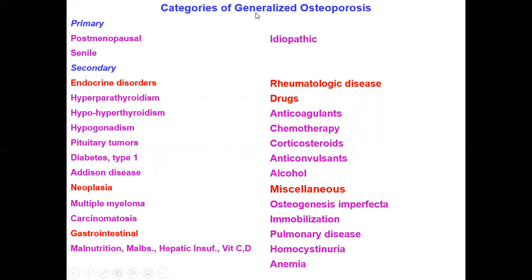So, various categories of generalized osteoporosis. One is primary, that is postmenopausal, senile, and idiopathic.